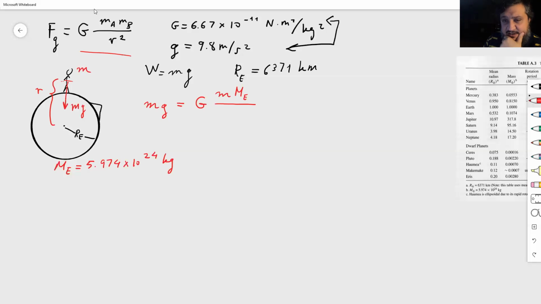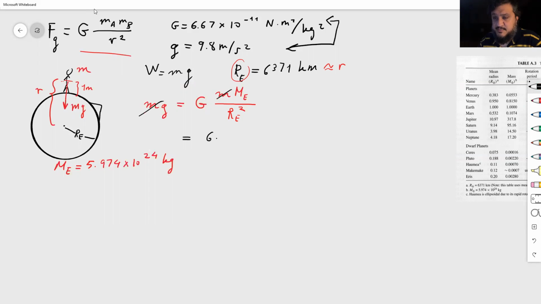But that's 1 meter, let's say, approximately, even less. That's so small compared to 6,000 kilometers. So there's no harm in taking r approximately equal to RE. So I'm going to put RE squared here. All right, and as you see on both sides, I have m. If I get rid of those m's, the expression on the right-hand side is what g is. So let's plug in those numbers and see if we can get to 9.8.